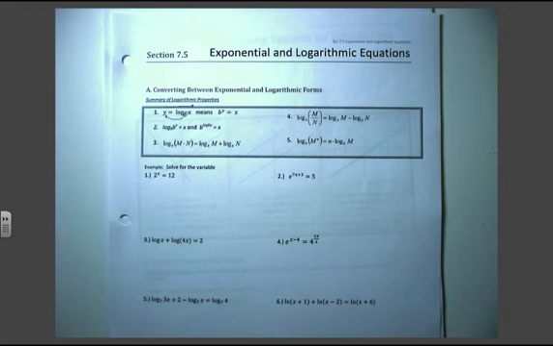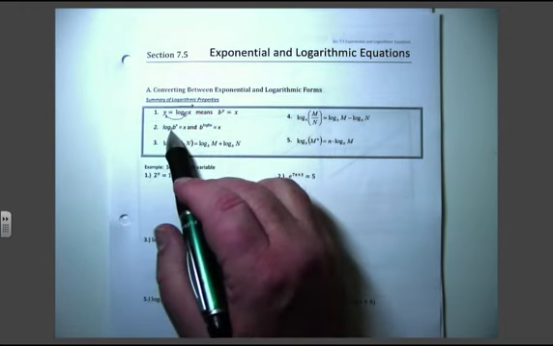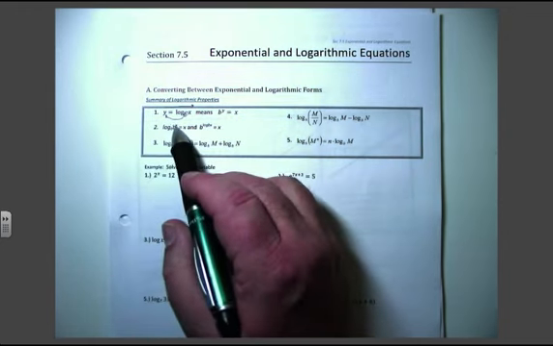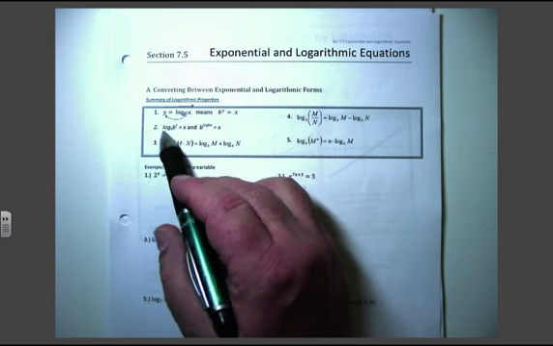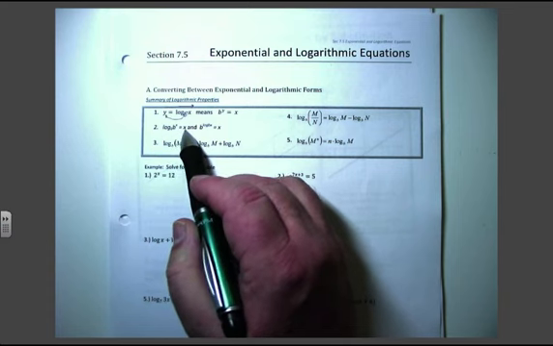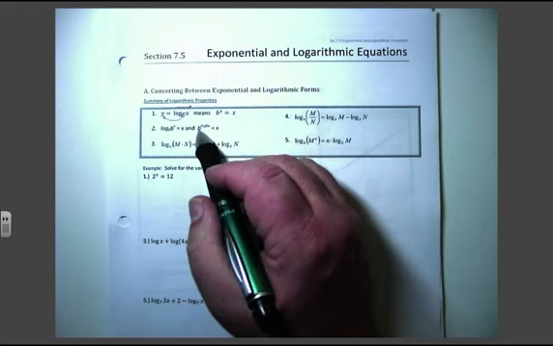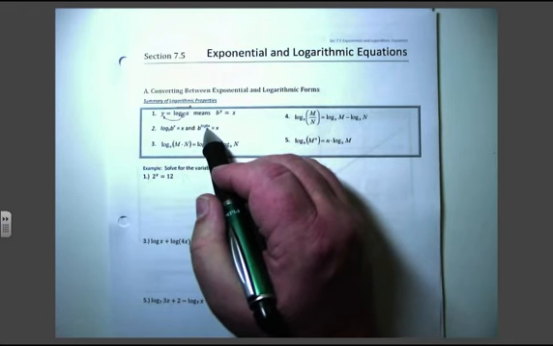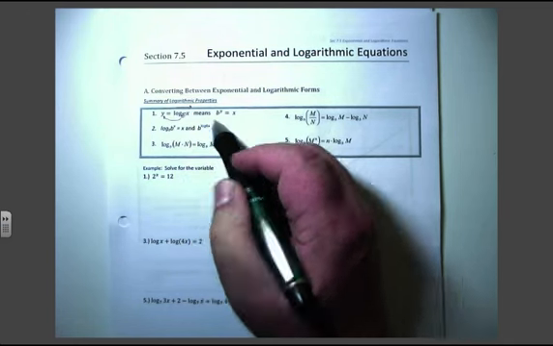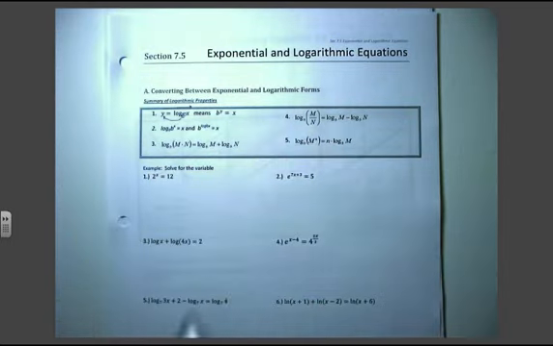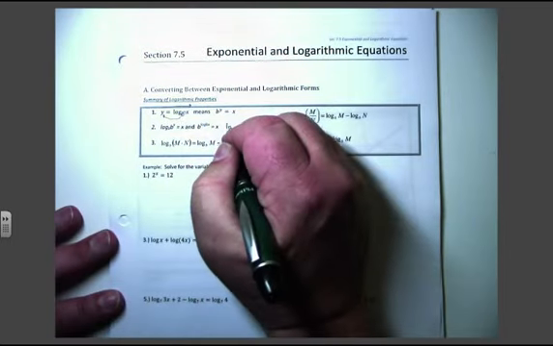The other property is this. When you take the log base b of b raised to the x, exponentials and logs are inverses. They'll knock each other out and you're left with x. Similarly, b raised to the log base b of x will be equal to x. So on special logs like this, what is the natural log of e to the x?